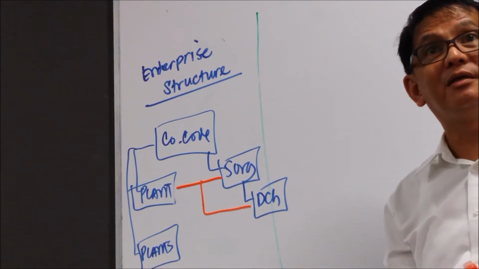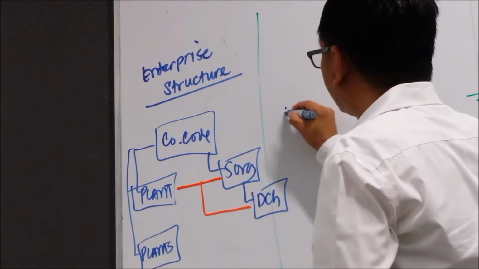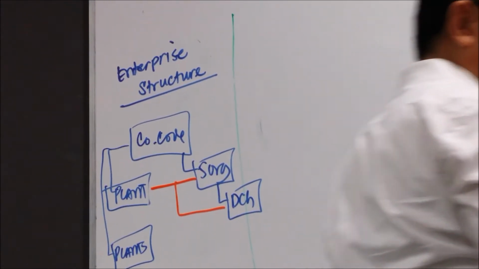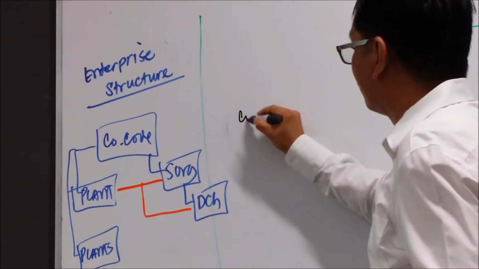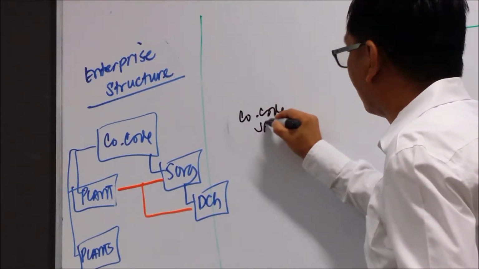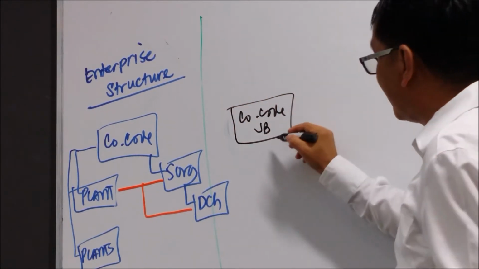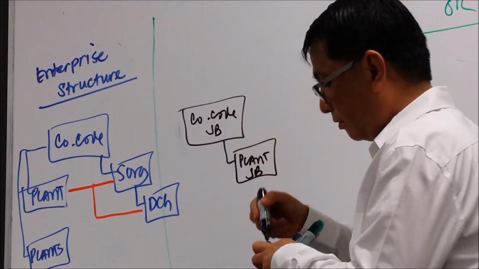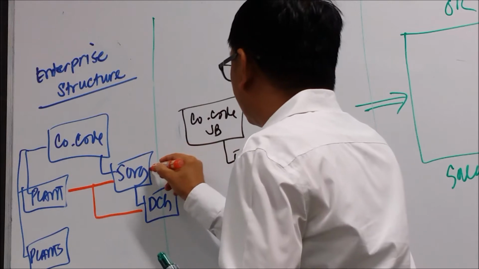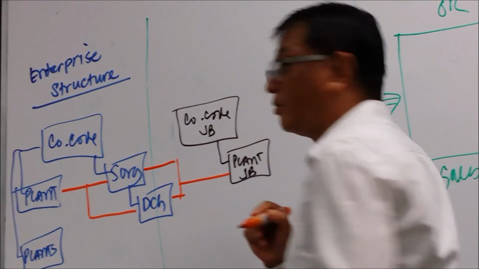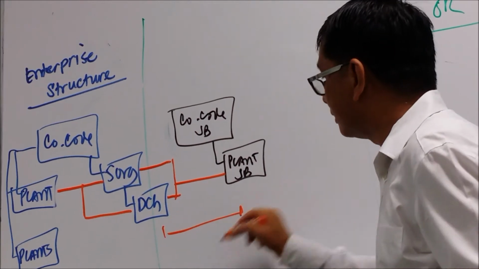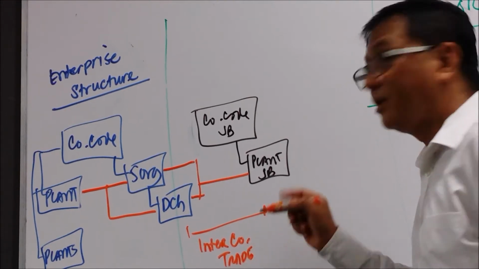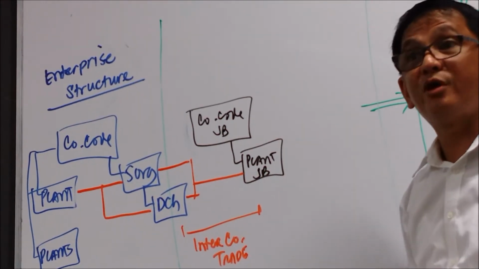It is also possible, though, that you have another company code somewhere, a sister company, that has a plant which you now link this to. This part here is called intercompany trade.